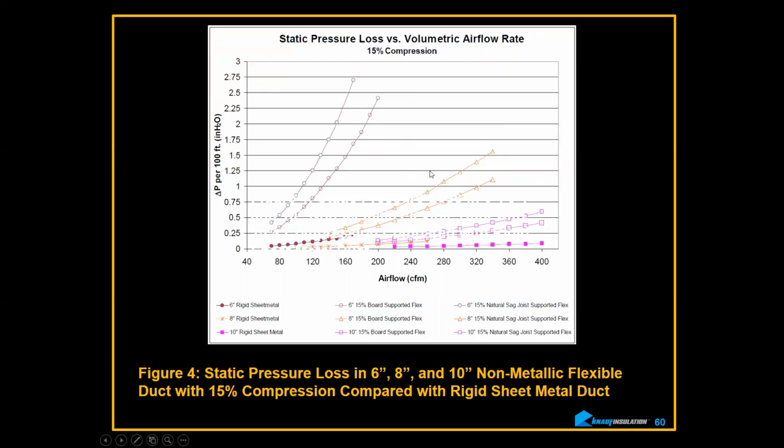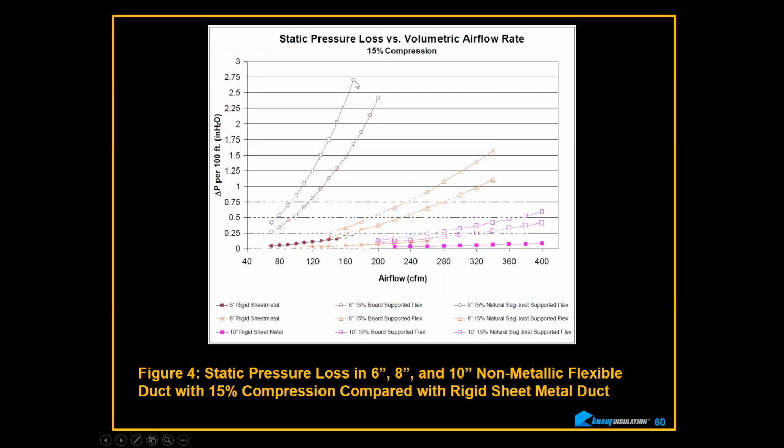But anyway, the point being is only with a 15% compression, and compression is the wrong word, I should change that. It's just a sag. That's all it is, it's just a sag. As compared to rigid 6-inch, there's almost no difference at 400 CFM. At 160 CFM back on the flex, you're almost right about here.